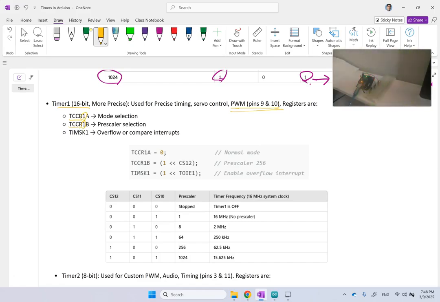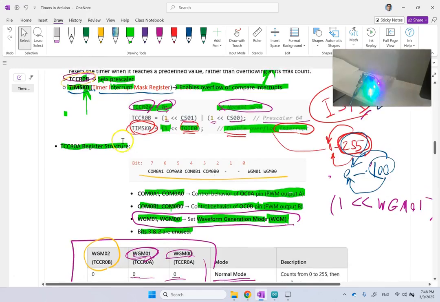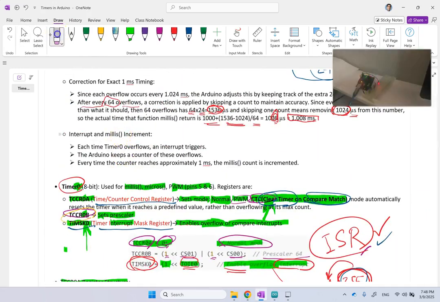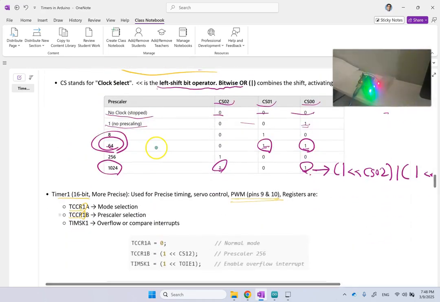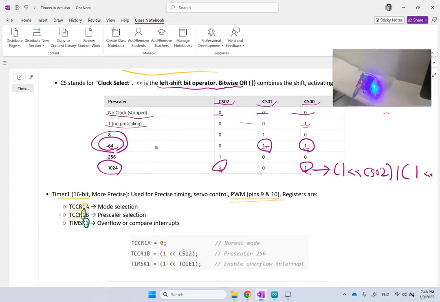Remember, for the other one, it was 0A and 0B. If you look back and look here, you see that for timer 0, these guys were 0A and 0B. Now they are called 1A and 1B. And this guy was called TIMSK0. Now, if you look at this one, this is called TIMSK what? 1. So these numbers basically match your timer number.